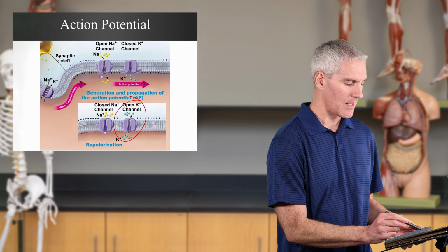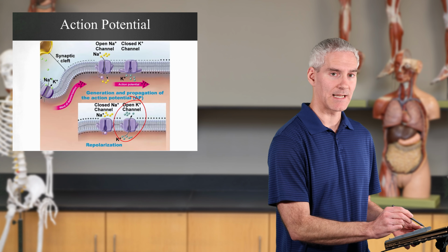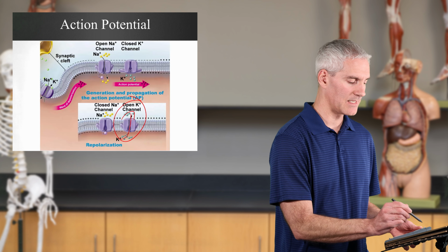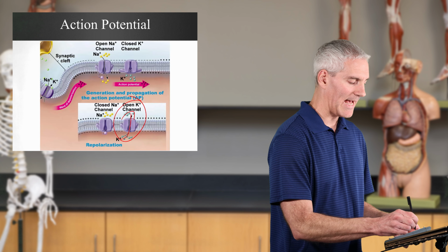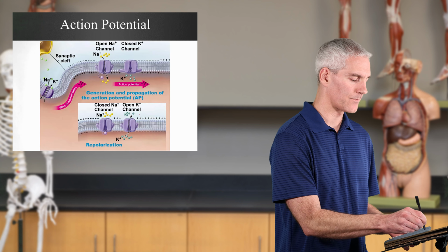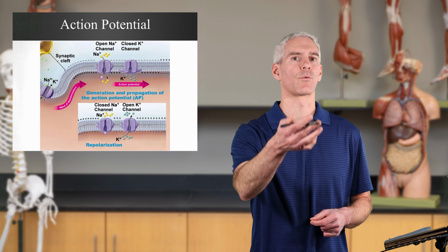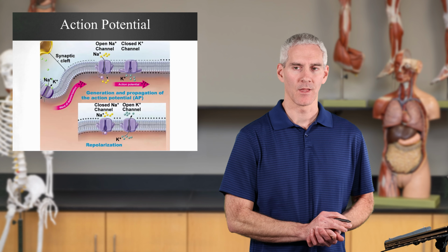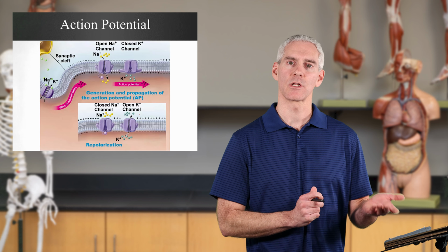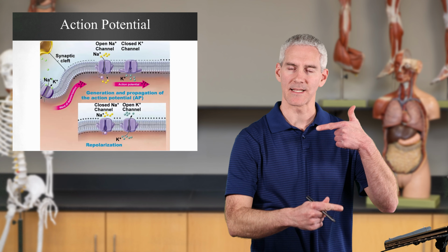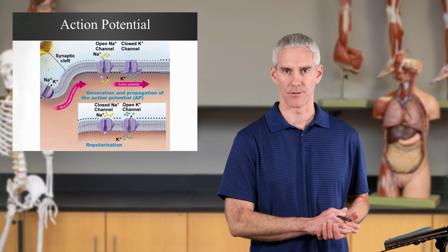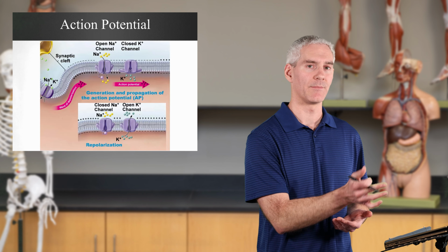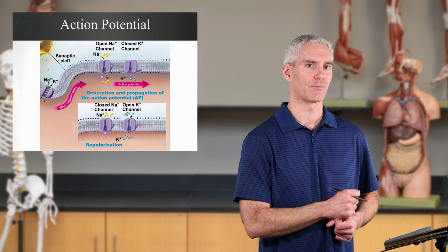If you notice, in this case, sodium is not moving, potassium is heading out. As potassium leaves, the inside repolarizes, goes back to resting state. And then we have the sodium-potassium pump resetting the ion concentration after this occurs to make sure the sodium and the potassium are back in their resting states.